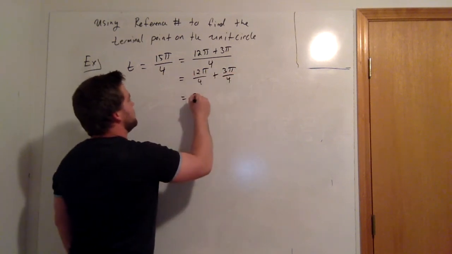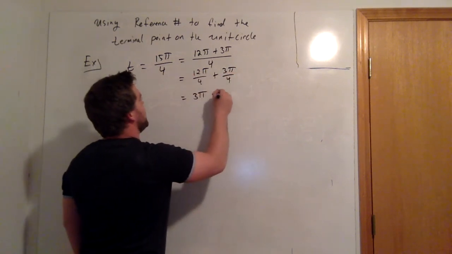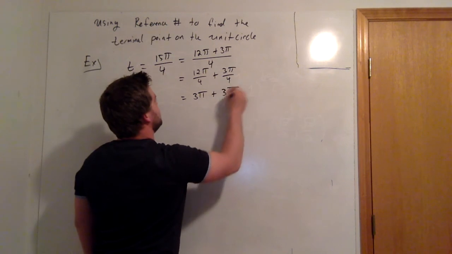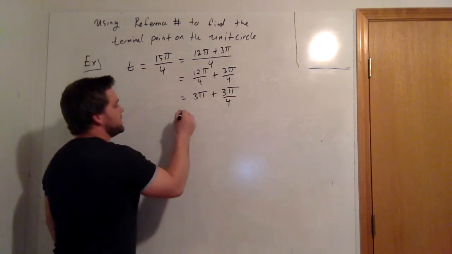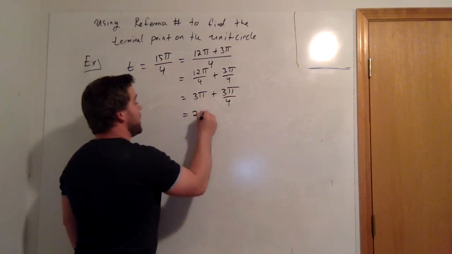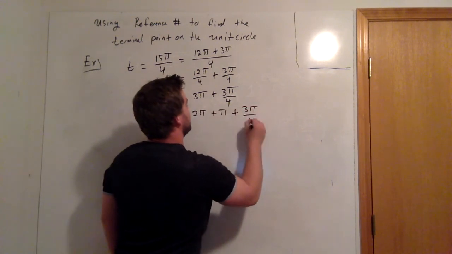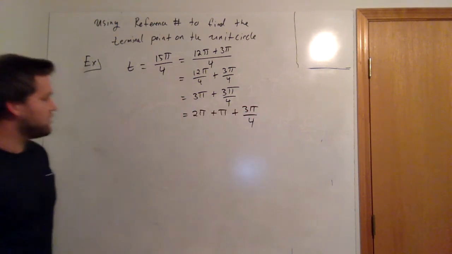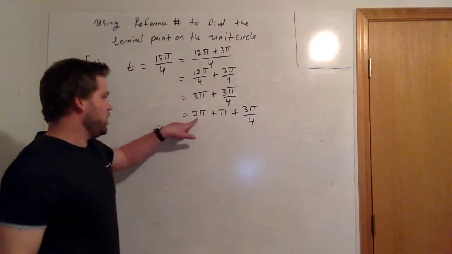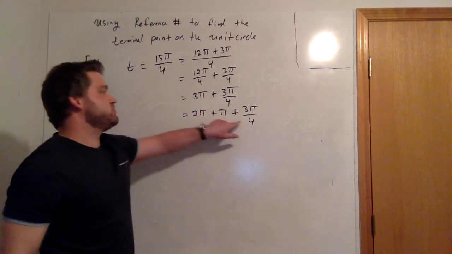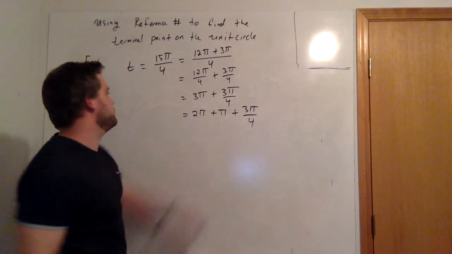So this is going to be reduced to 3 pi plus 3 pi over 4. If you would like, this is 2 pi plus 3 pi over 4. So this means I've traveled along the unit circle 1.5 times, and then I need to travel an extra distance of 3 pi over 4.